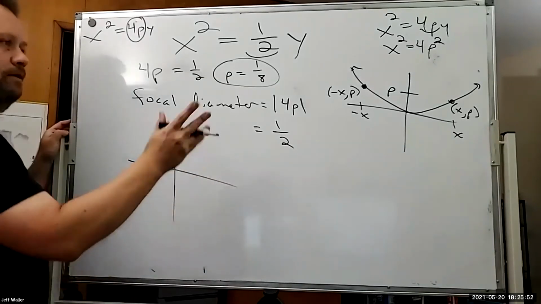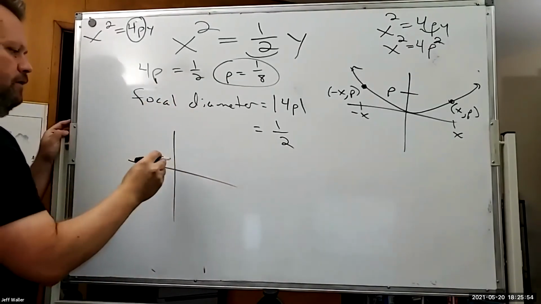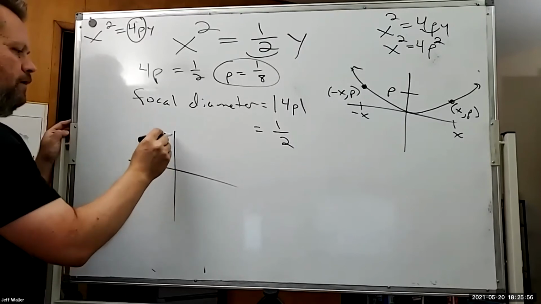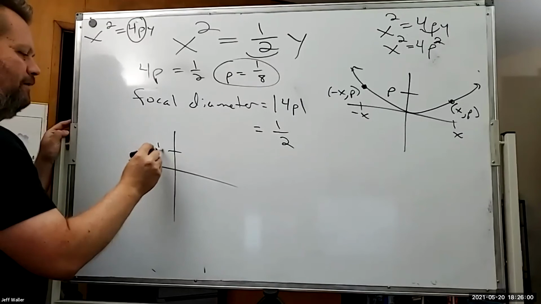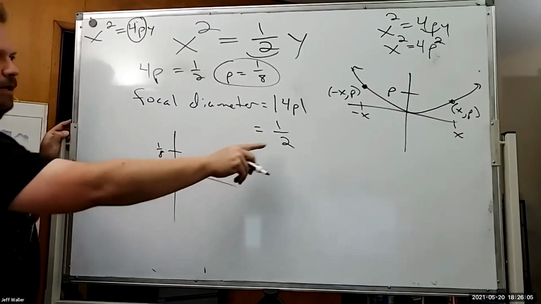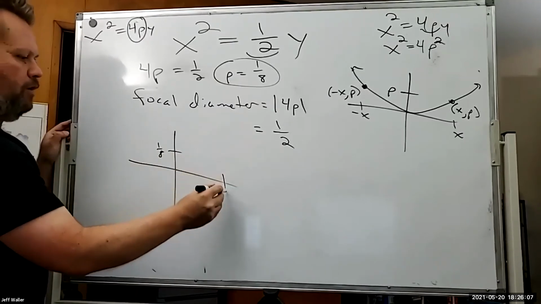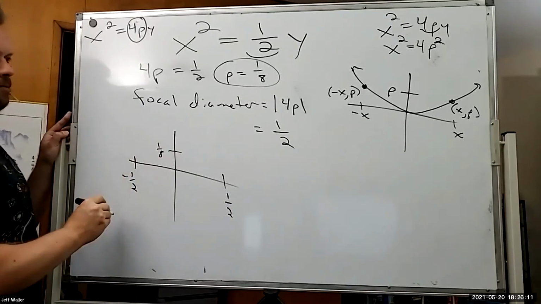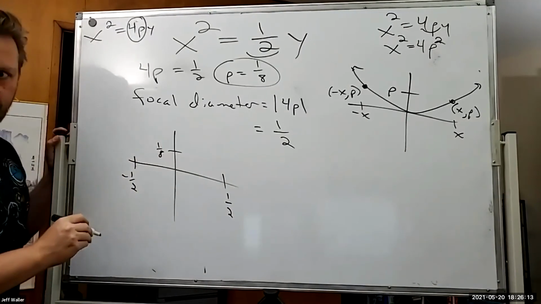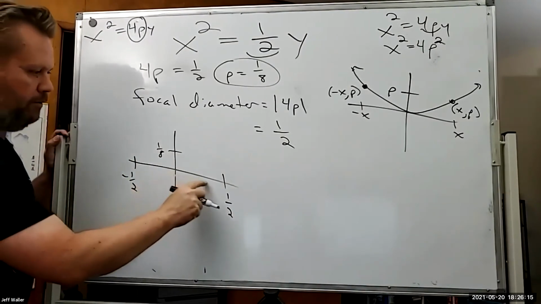Stay with me now. Don't freak out just because they're fractions. So I know this is going to be, let's see how I want to do this. It doesn't matter. This is 1/8 is where the focus is. And then I want to go out. How far do I want to go out? Do I want to go 1/2 out in both directions?